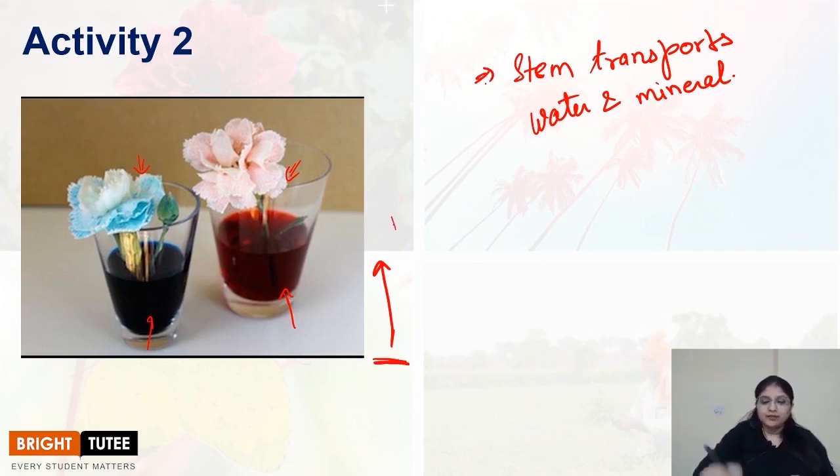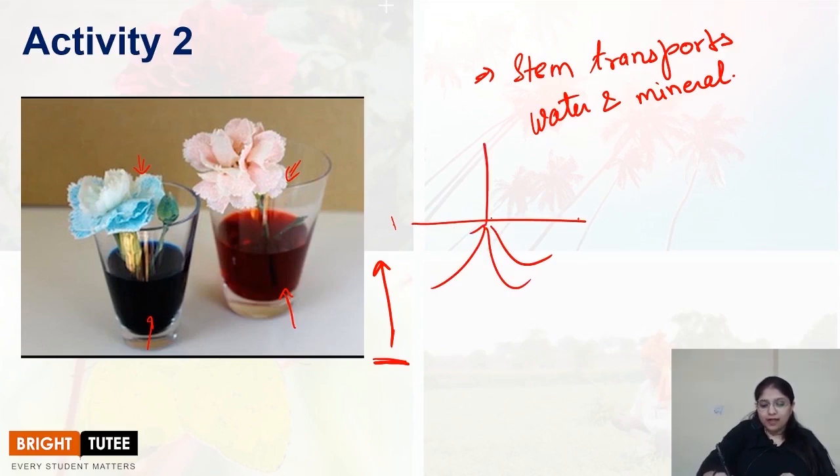Now, if you understand, we've studied the parts of the plant and we saw that the root was under the soil. So suppose this is the ground part and over here we have the root and then we have the stem. And we've studied that the root picks up the water, right? We know that roots absorb the water.